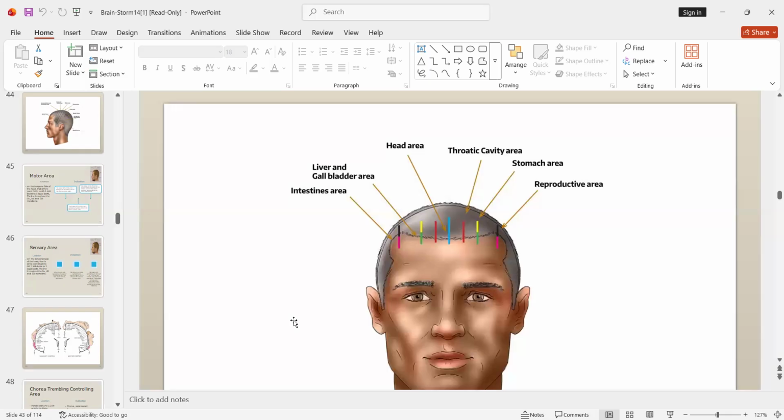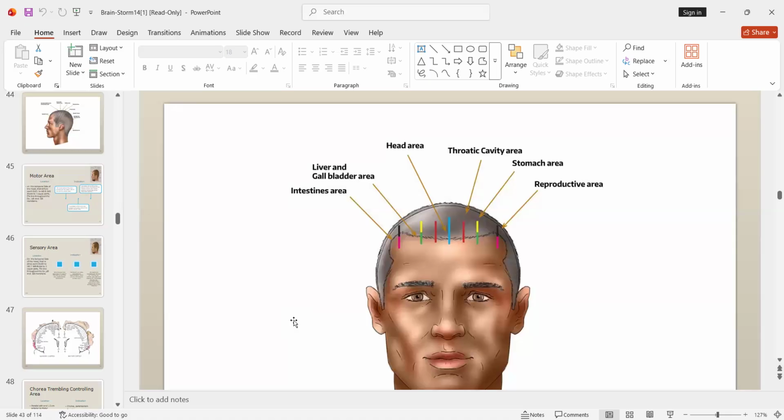It treats all types of reproductive organ diseases, like low sperm count, premature ejaculation, dysmenorrhea, amenorrhea, leukorrhea, miscarriage, all types of reproductive organ diseases in male and female.